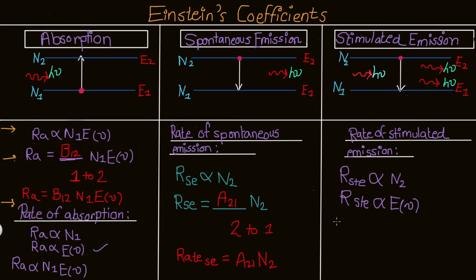So that means the overall factors that influence the rate of stimulated emission are both N2 and the energy density of incident radiation, right? So I'll write that down as STE directly proportional to N2 and E nu.